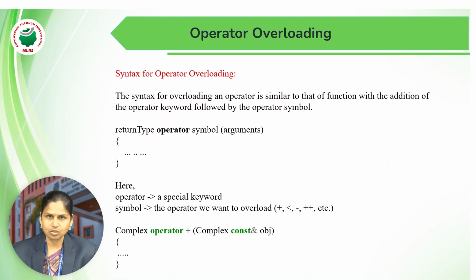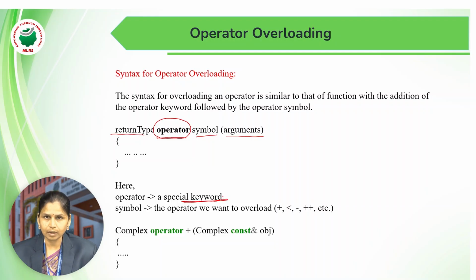Next, what is the syntax of operator overloading? Return type, operator, symbol, and the arguments. Which type of operator we are overloading and what are the arguments? This is the syntax of operator overloading. So, what is the return type? Next, operator. This operator is a special keyword.